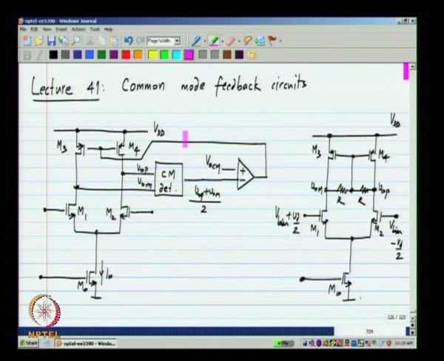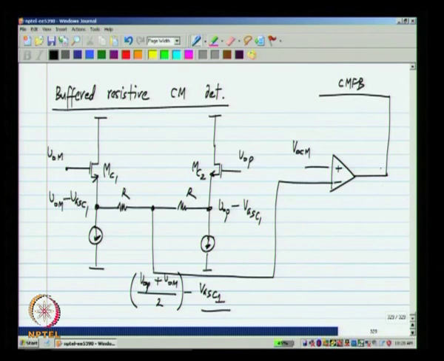CMFB is nothing but this node. Okay. I am only concentrating on this part of the circuit here. Now, what happens is if the common mode feedback loop is stabilized, the detected voltage here and this VOCM will be equal to each other. After all, this op amp here is measuring the error between the two and changing the common mode feedback voltage until these two become equal.